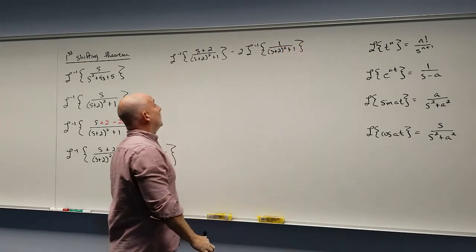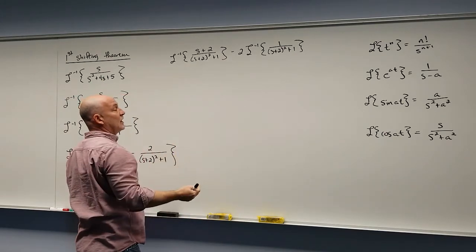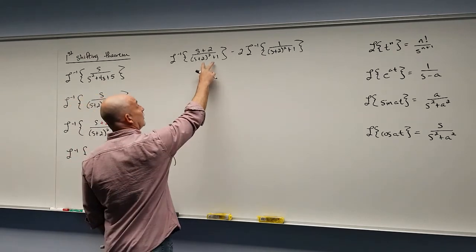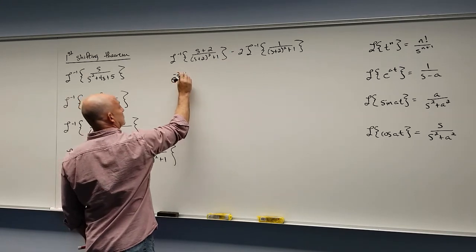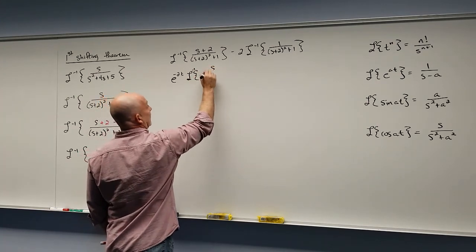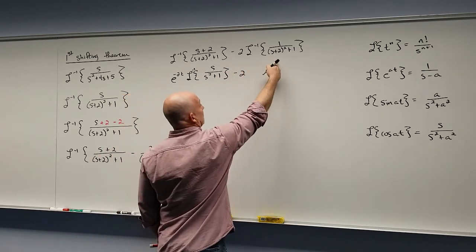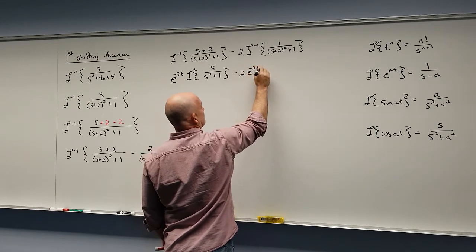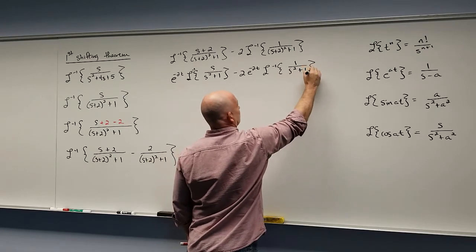All right, now notice in each one of these inverse Laplace transforms, everywhere there's an s, we have that s plus 2, which means now I can use my first shifting theorem. So for this one, we can pull out basically e to the negative 2t, and then inverse Laplace transform, that's just s over s squared plus 1 minus 2, and again, since everywhere there's an s, we have this s plus 2, this is really e to the negative 2t times the inverse Laplace transform of 1 over s squared plus 1.